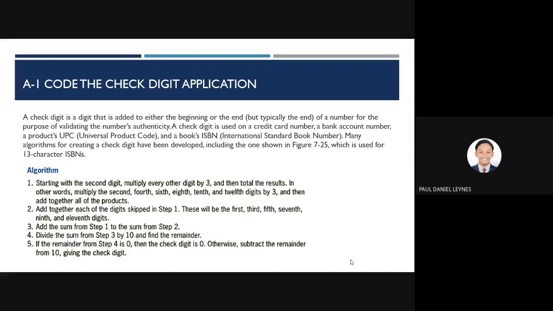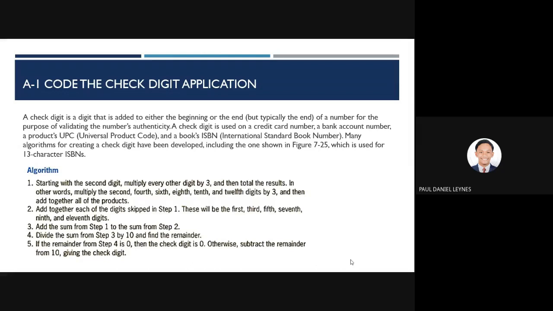Starting with the second digit, multiply every other digit by 3, and then total the results. In other words, multiply the second, 4th, 6th, 8th, 10th, and 12th digits by 3, and then add together all of the products. Add together each of the digits skipped in step 1.